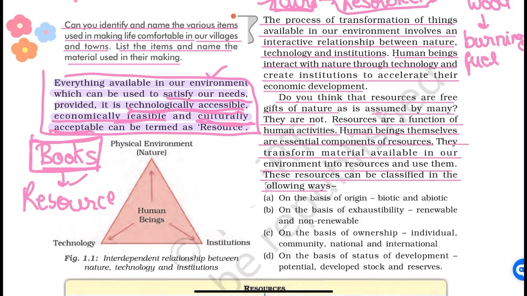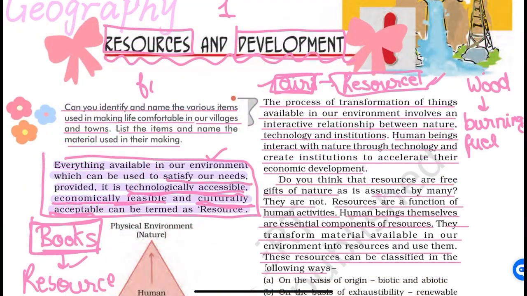But if human beings transform it with the help of institutions and accelerate the wood into furniture, furniture is a more usable form than wood. Wood is also used for making buildings.